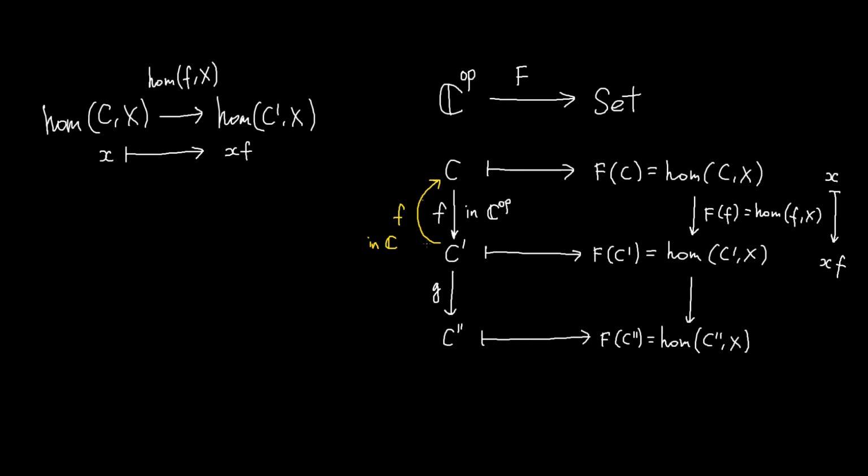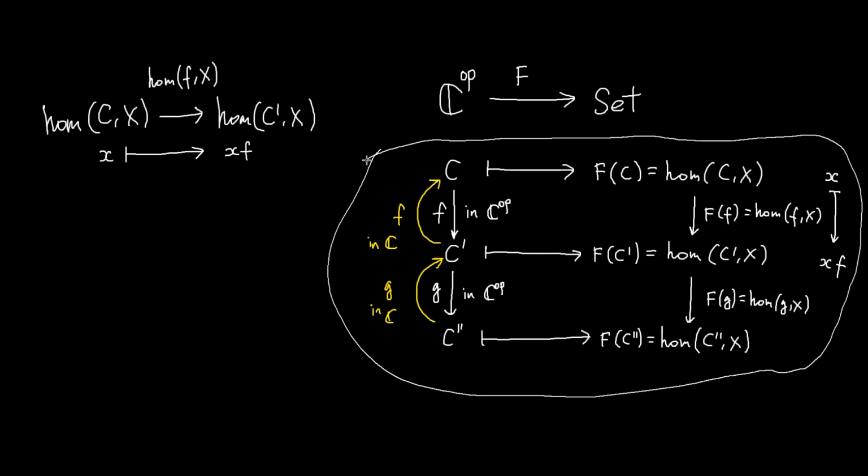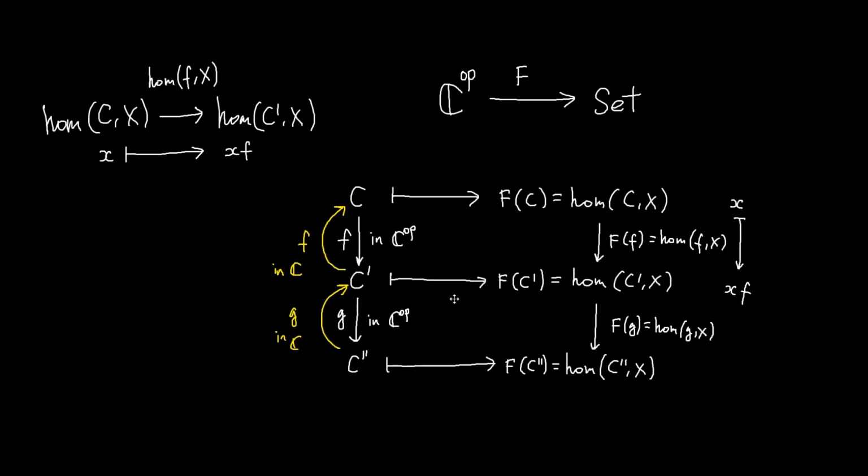And of course, reminding ourselves that a g would be another arrow going backwards in the category C. F of g will be again Hom(g, X). And now we're going to draw what is F of the composite of g and f.